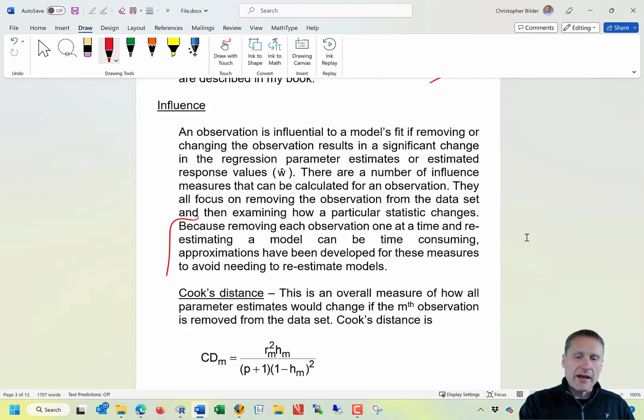Now, as you might imagine, if you have a large data set, removing one observation at a time and re-estimating the model could be a time-consuming process. So instead of actually performing that idea, approximations have been developed by statisticians to measure what the effect would be from removing an observation from a data set.